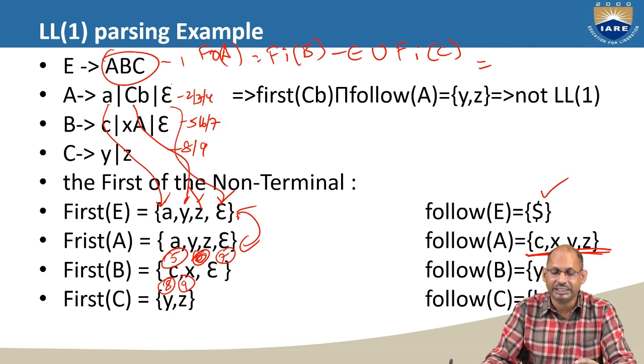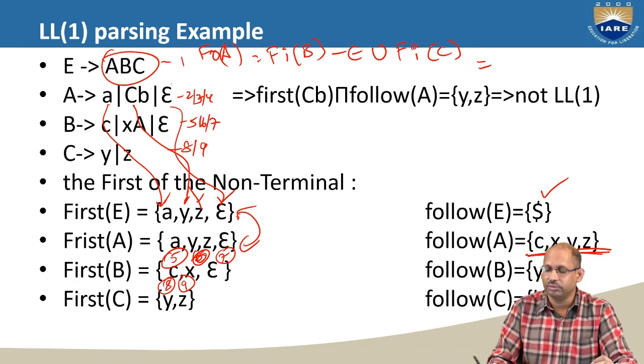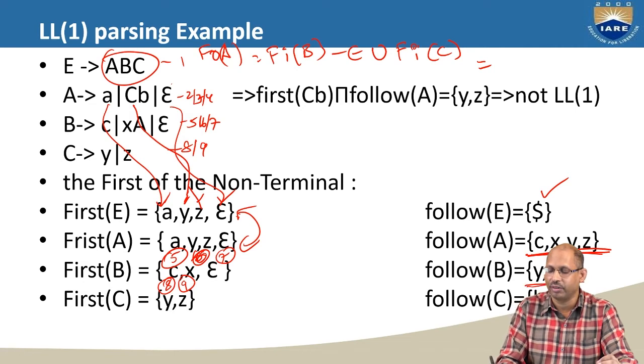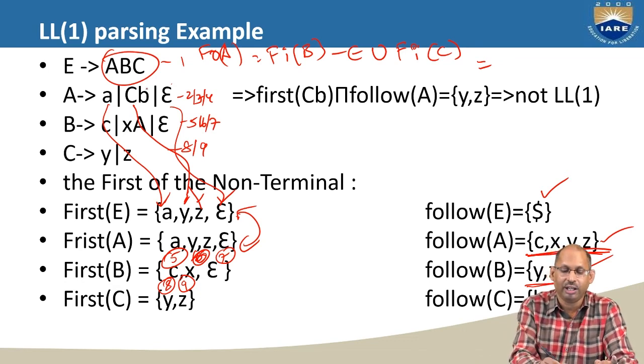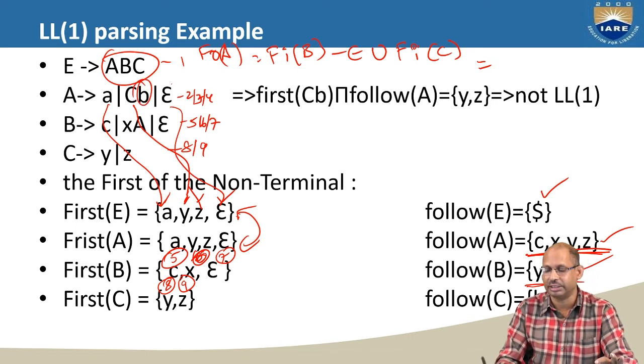First of B is CX epsilon, minus epsilon, union with first of C. So simply it is CXYZ. Then follow of B is first of C, simply YZ. Then follow of C is follow of E, and also this one, B and $ sign.